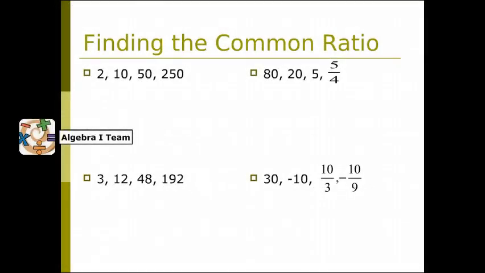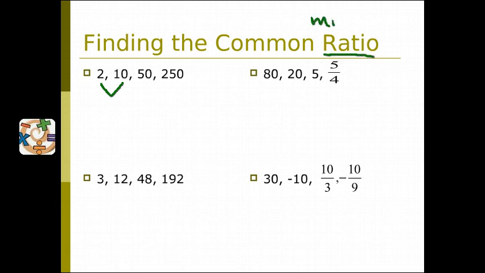Okay, so we've got a couple of examples of how to find the common ratio. Remember, that's the number you're multiplying by to get from one term in the sequence to the next term in the sequence. So we need to be thinking, how am I getting from 2 to 10? Well, because this is a ratio, you have to be multiplying.